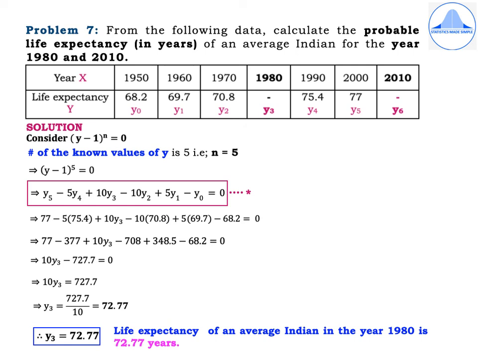Therefore, the life expectancy of an average Indian in the year 1980 is 72.77 years.